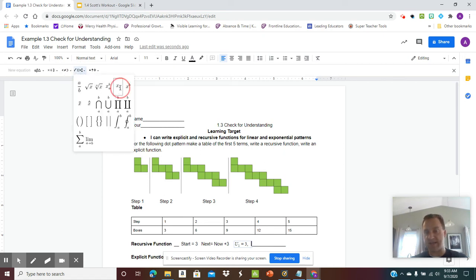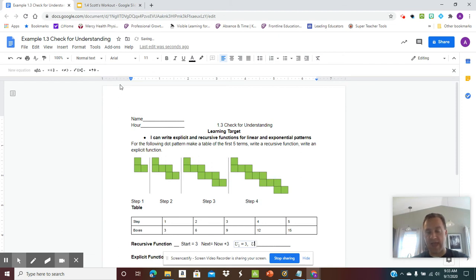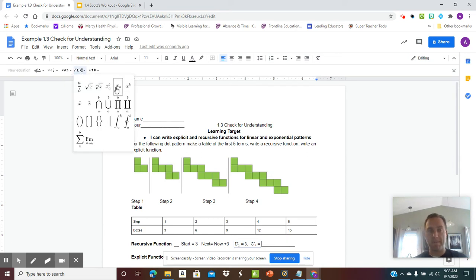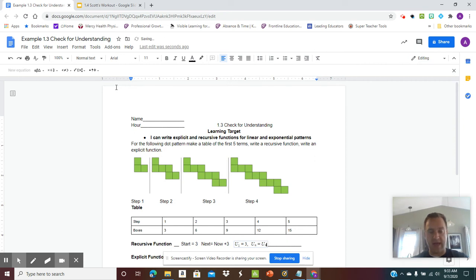So I press this x to the a, and I call it capital U and then sub n, and then hit over, and then hit equals, and then again, I need the u sub n minus 1, which is a term before it. So then I press u and then sub n minus 1. And then again, I put my common difference that I'm adding, 3, so plus 3. So that's in symbols how I could do that.